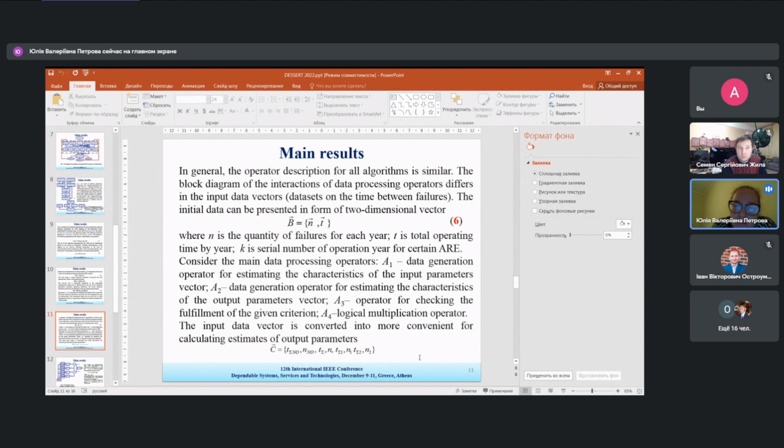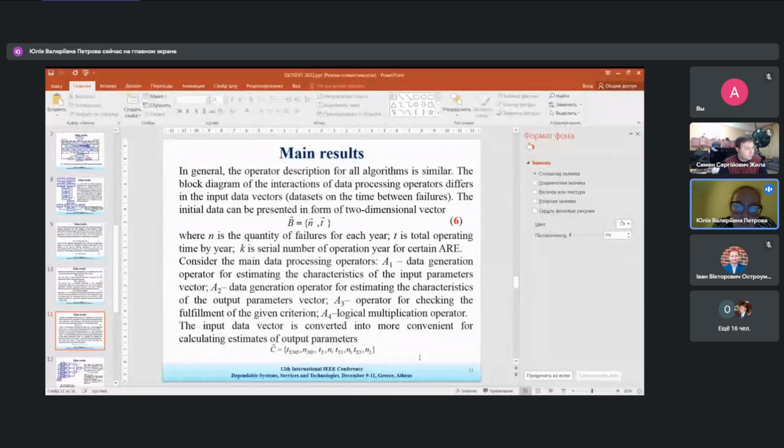Consider the main data processing operators. There is the data generation operator for estimating the characteristic of the input parameters vector. Next, the data generator operator for estimating the characteristic of the output parameters vectors, the operator for checking the fulfillment of the given criteria, and the logical multiplication operator.